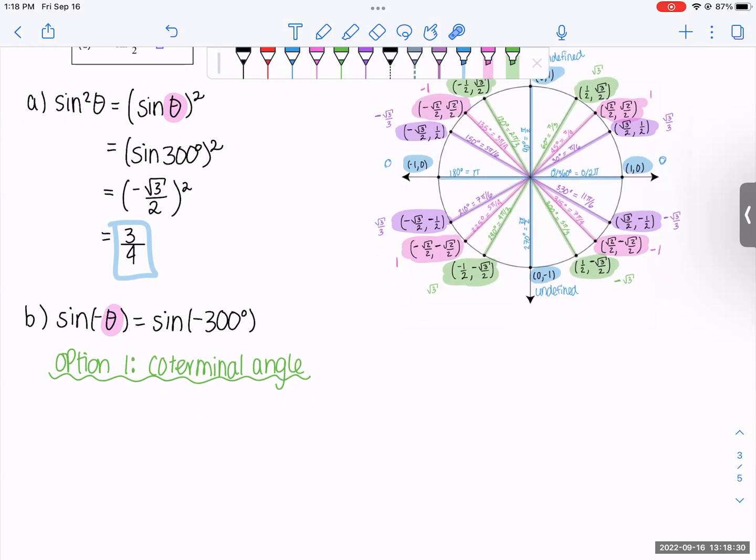Now, the easiest way for us to find an angle that's going to fit on our unit circle would be to just add 360 degrees to negative 300, because they'll lie at the same place. So negative 300 would lie right here. So we should get 60 degrees because it would go like this and it would stop right there.